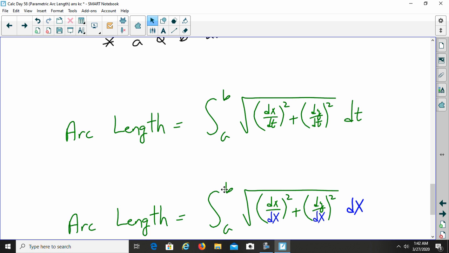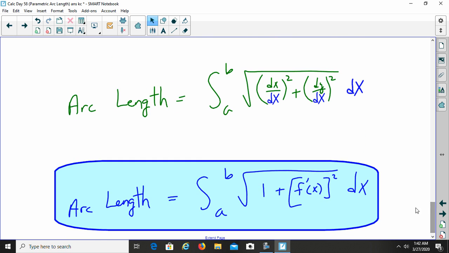And instead of these being the value of the parameter, if they were now values along the x-axis, what we'd end up with is our arc length formula from before for non-parametrically defined curves, or just regular functions. dx over dx squared would just be 1. dy over dx could be written as f prime of x squared, and the dx stays the dx. So our old arc length formula for regular functions is the integral from a to b of the square root of the quantity 1 plus f prime of x squared dx.